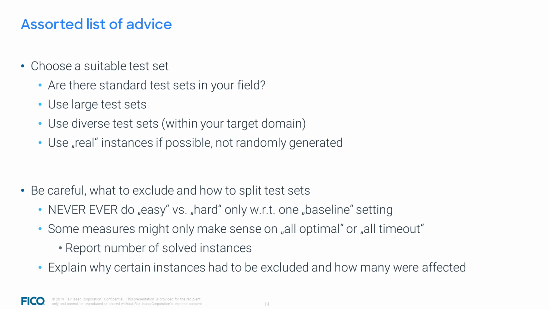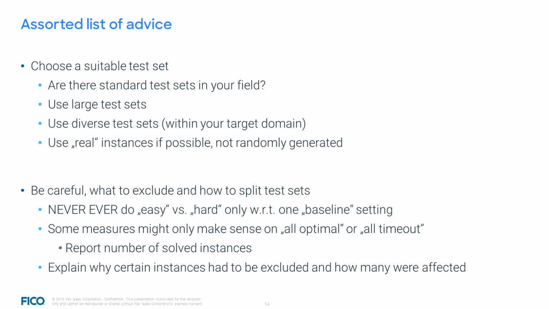The next important thing is to be careful about what to exclude. Often, there are good reasons to exclude certain instances. For example, while developing new techniques that only work on pure binary problems, one would not use the whole MIPLIB for testing, but only the subset of pure binary problems.